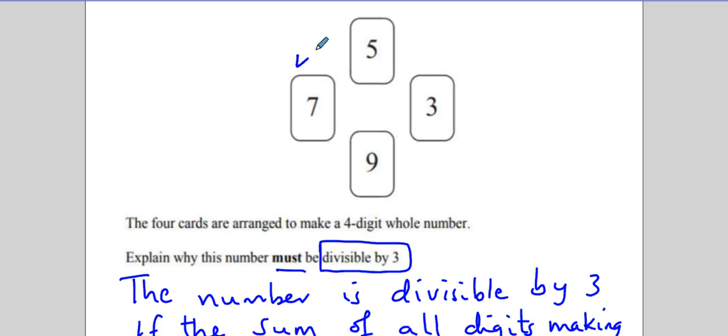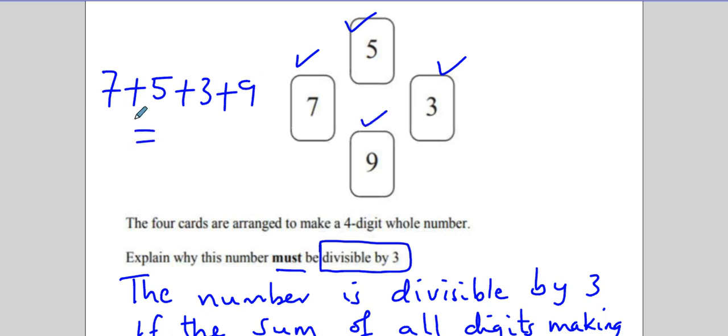Now let us try to see. Take 7 plus 5 plus 3 plus 9. What do you see? 7 plus 5 is 12, 12 plus 3 is 15, 15 plus 9 is 24. Now, is 24 divisible by 3?